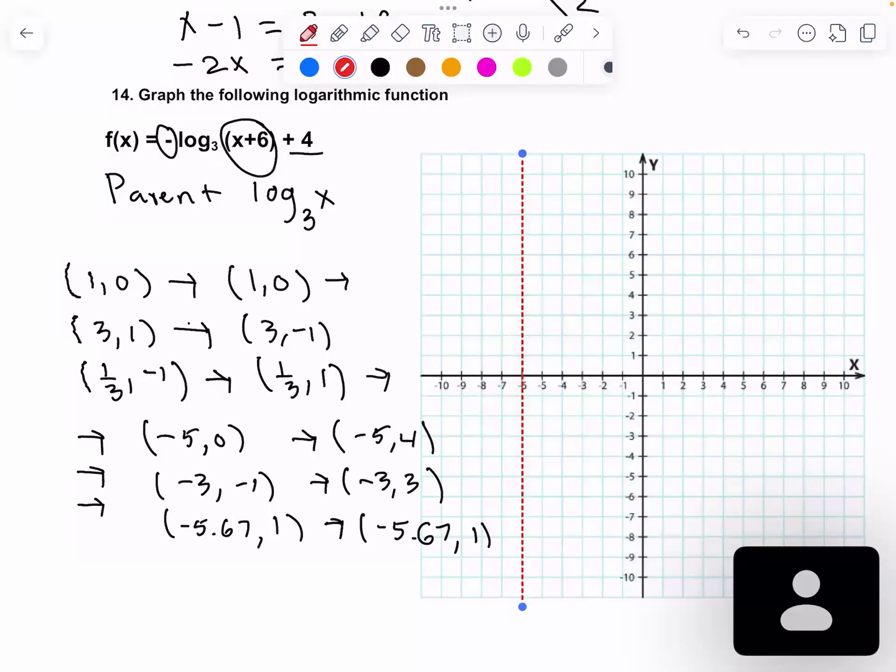Okay, now my points are -5, 4, which is here. My second point is -3, 3, which is here. And my third point is -5.67 and 1.